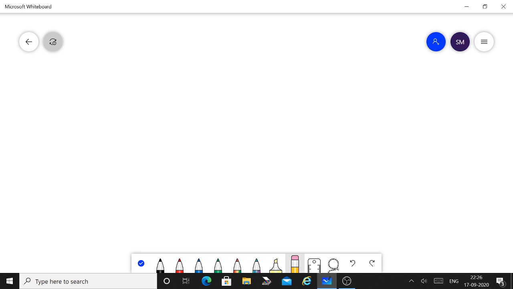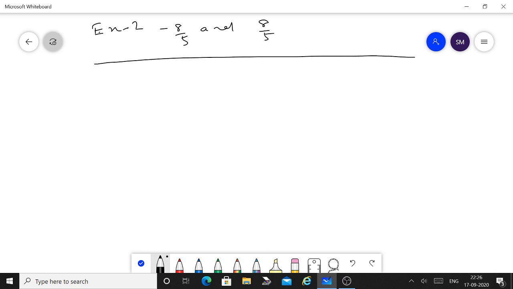Then take another example to be clear about it. Example 2: represent -8 upon 5 and 8 upon 5 in the number line. In the same way, draw a line and at the middle mark 0. I have told you, left side is for negative and the right side is for positive.